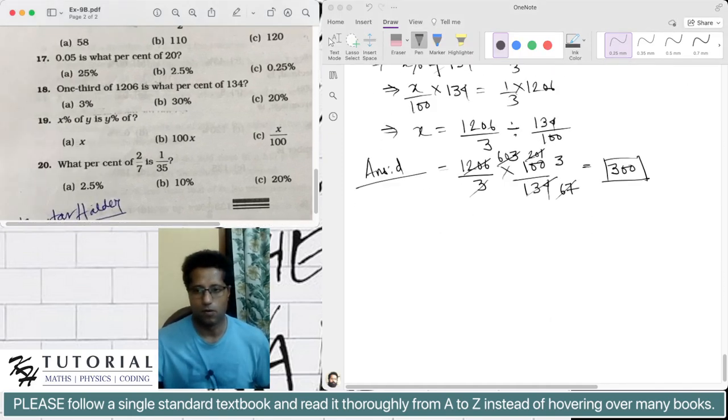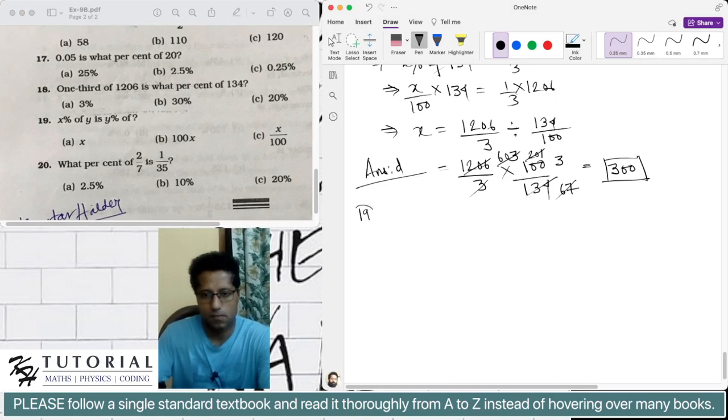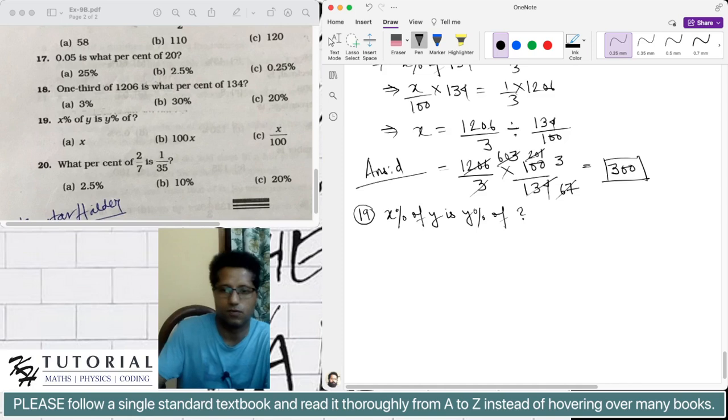Okay, let's do problem number 19. X percentage of y is y percentage of what? So the problem is x percentage of y is y percentage of question mark. We have to find the question mark. So let that question mark be, let's say, z.